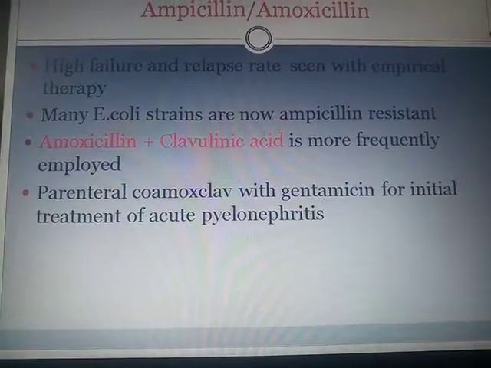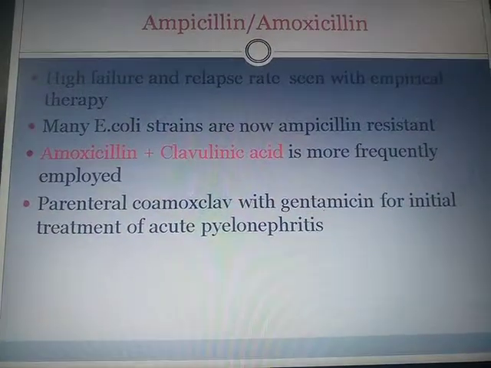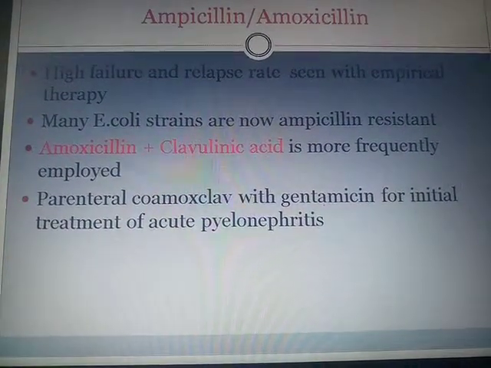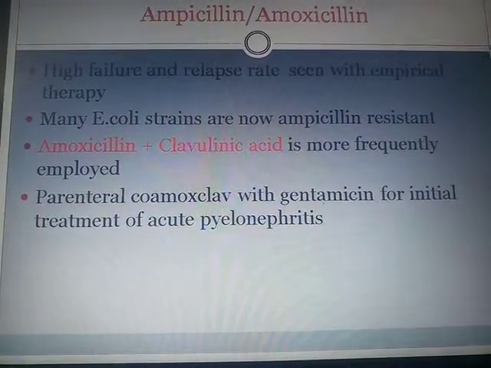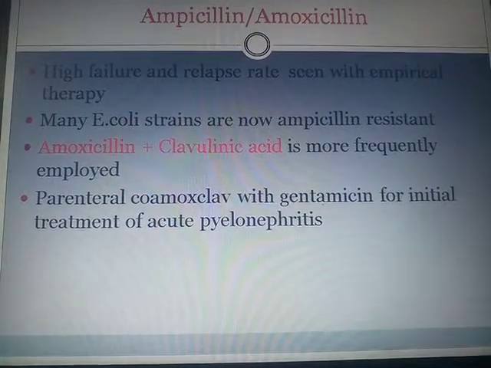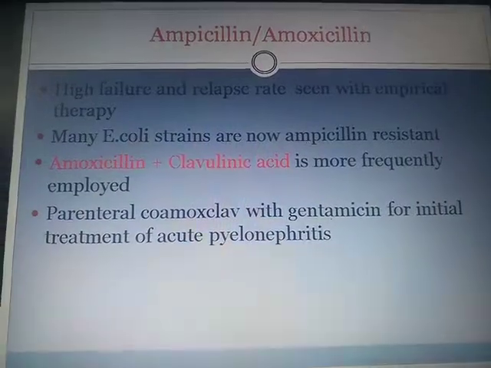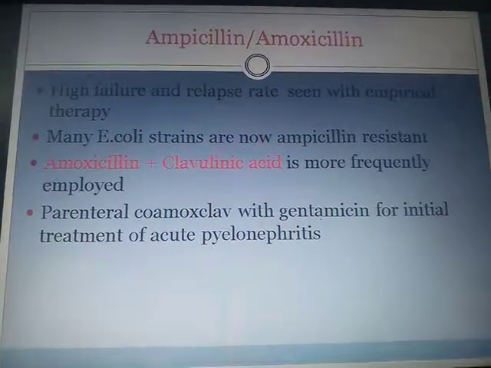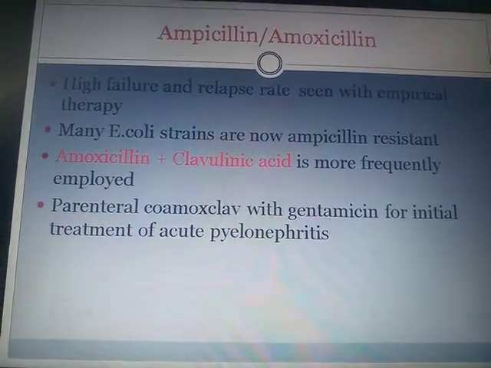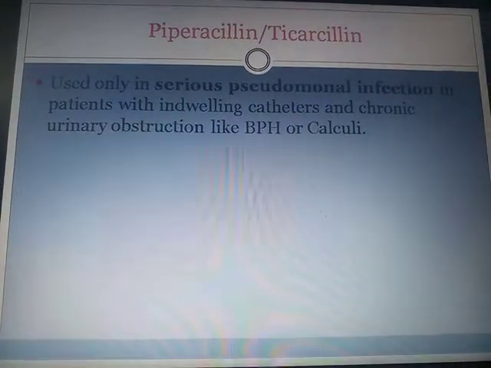Amoxiclav is more preferred nowadays. Parenteral co-amoxiclav along with gentamicin can be given for initial treatment of acute pyelonephritis.